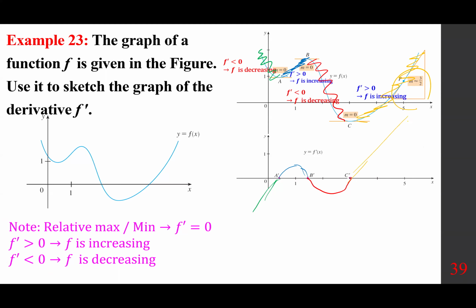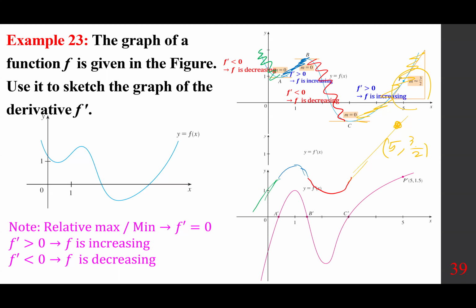And this specific point has coordinates 5 and roughly 3/2 or 1.5. So that's the way you do the graph. And of course, this is a more precise answer, and I'm going to erase my work. That's how you arrive at it.